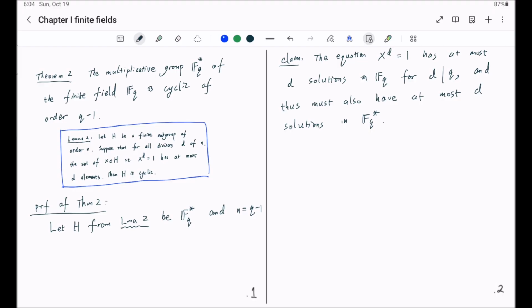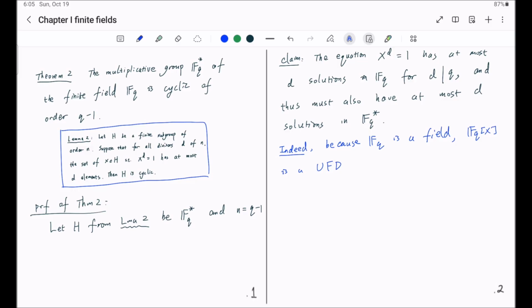Why is it so? Indeed, this is because F_q is a field. So the polynomial ring F_q[x] is a unique factorization domain, UFD.